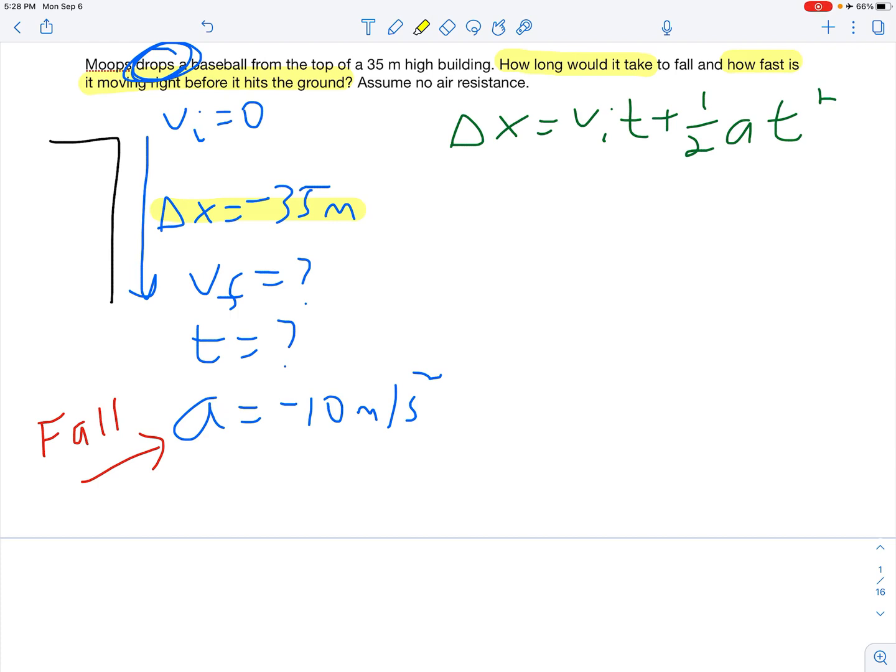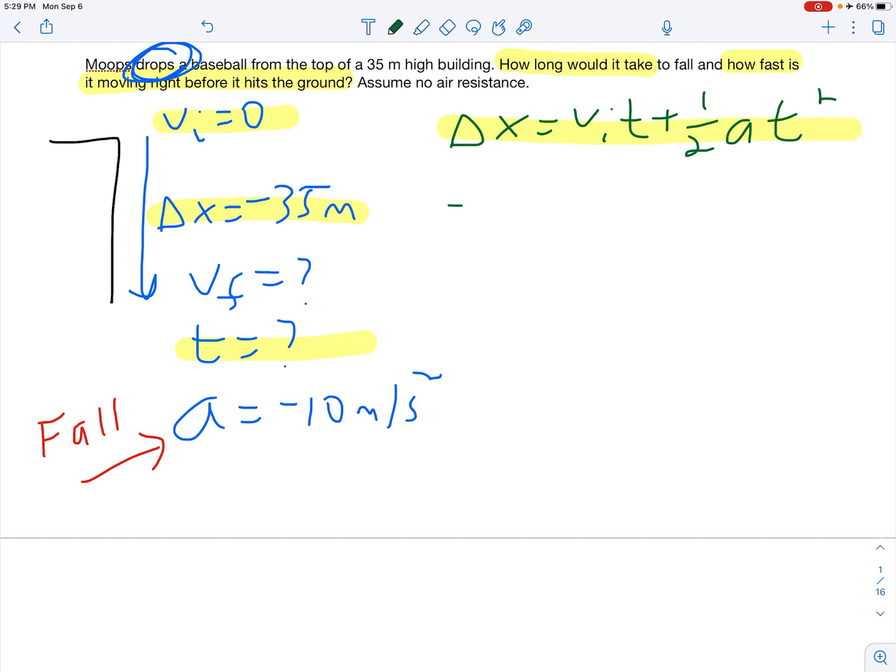The other one has a VF and a T, and I have question marks for both of those, so I can't use it. This equation has distance, which I have, it has a VI, which I have, and it has a T, which is what I'm looking for.